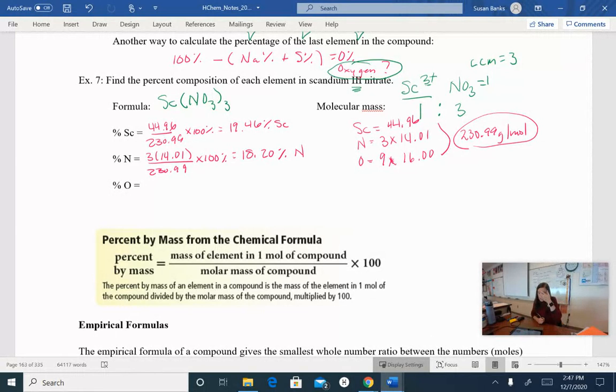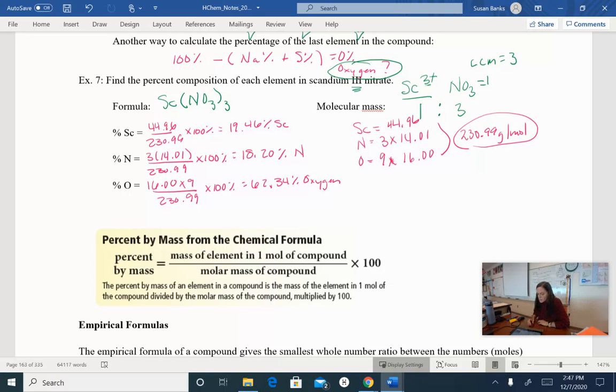Now, if you notice, I'm always taking these mass percents to the 100th. So we're just going to do it to the 100th. And then for oxygen, we're going to have 16.00 times 9 divided by 230.99 multiplied by 100. This gives me 62.34% oxygen.